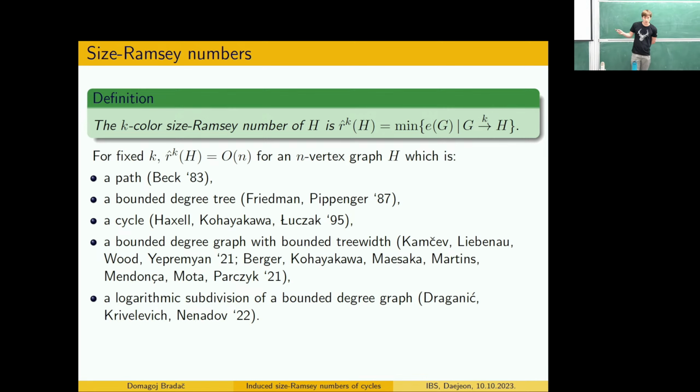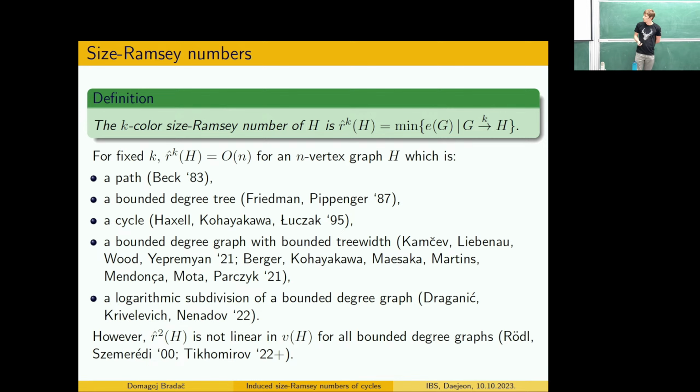Now, looking at this list, you might wonder: is the size-Ramsey number linear for every bounded degree graph? This is in fact not the case. In a beautiful paper of Rödl and Szemerédi, they show that there are cubic graphs with superlinear size-Ramsey numbers.